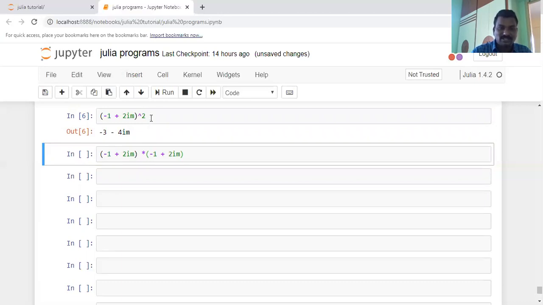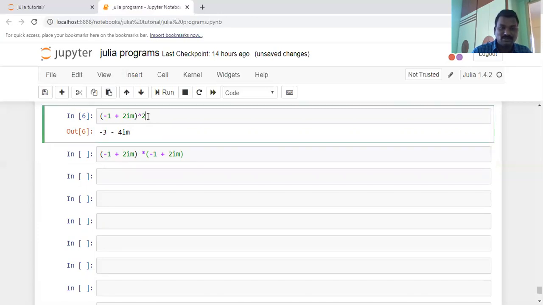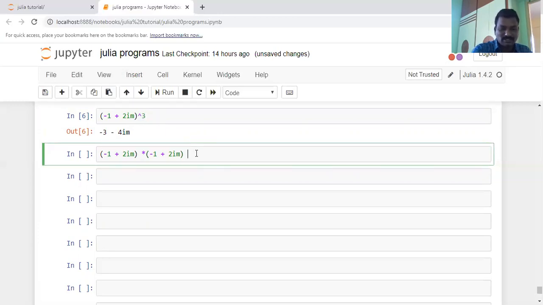Let us take not only power 2 but 3. If you take the power 3 here, into 1 minus 1, that value here.